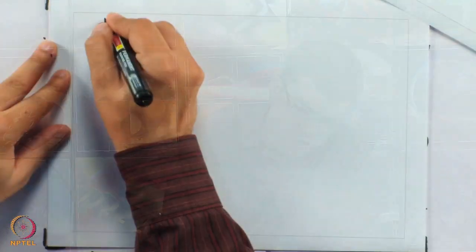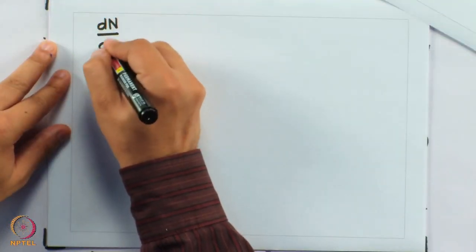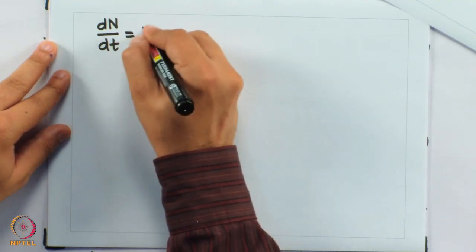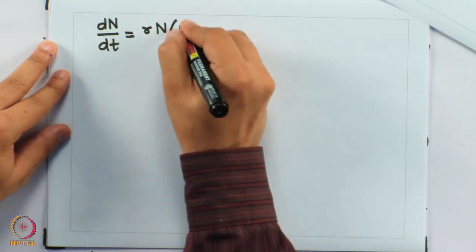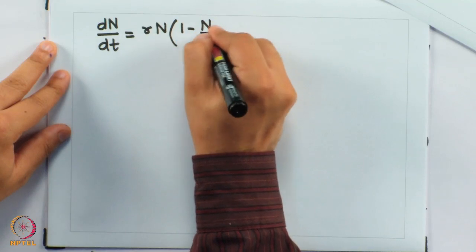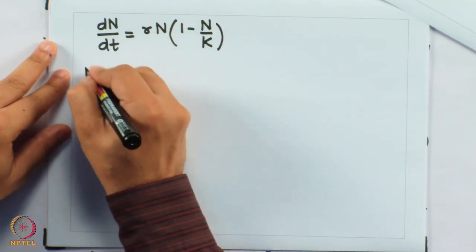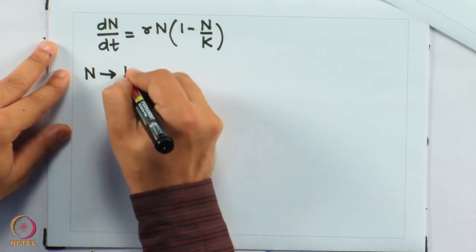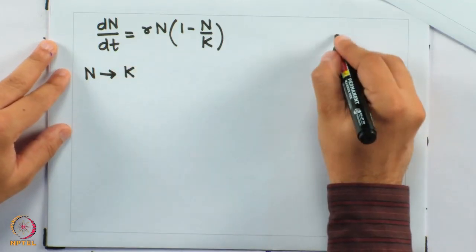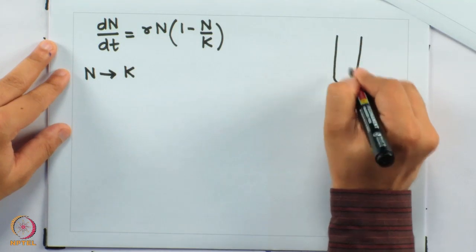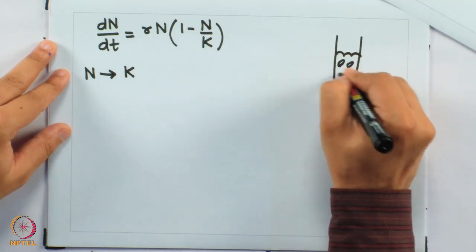What happens as N approaches K? Let us take a look at the other extreme of this solution. So, let me just write our equation again. We have dN by dt equals R N times 1 minus N by K. Now, when N approaches K, that means the number of bacteria in my test tube is approaching 10 power 9.